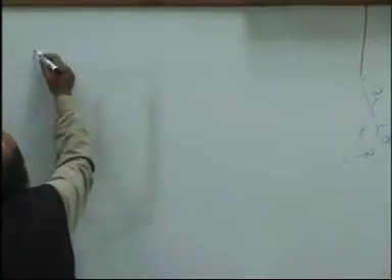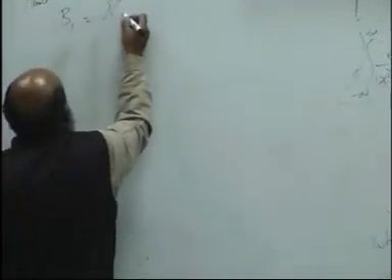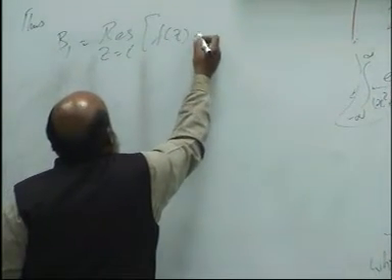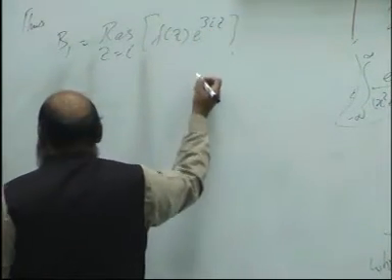Thus b1 is equal to the residue at z is equal to iota of f of z e power 3 iota z.